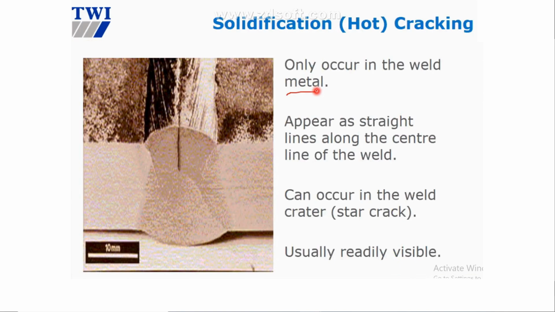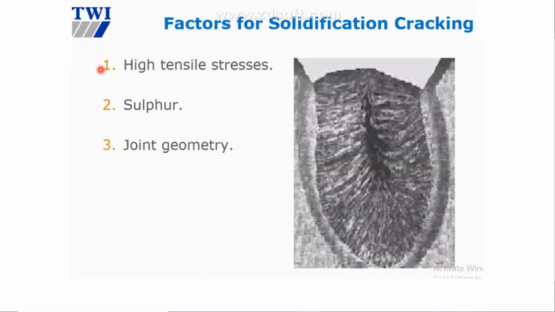It appears as a straight line along the center line of the weld, and can occur in a weld crater, meaning at the stop weld. And basically it's easy to see, readily visible. Factors, remember, we have high tensile stress, sulfur, and joint geometry. Remember these factors. The next slide will elaborate more about them.